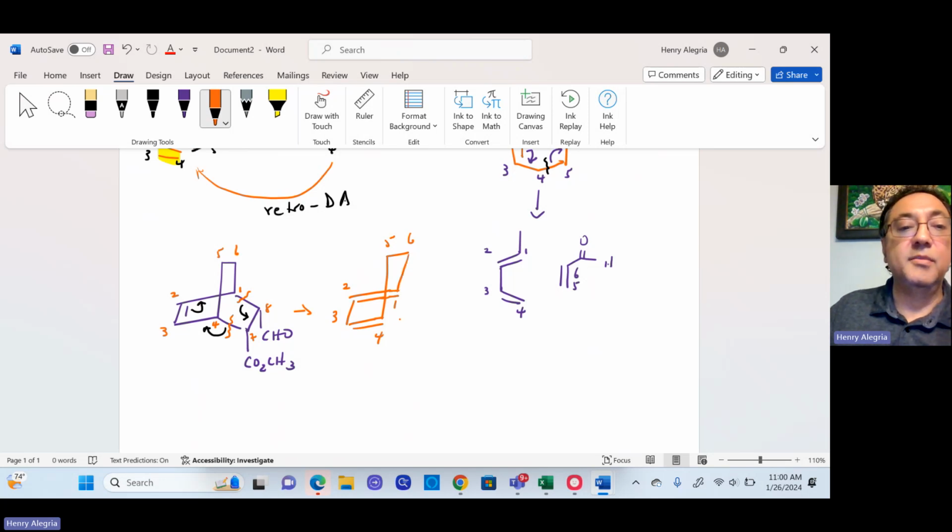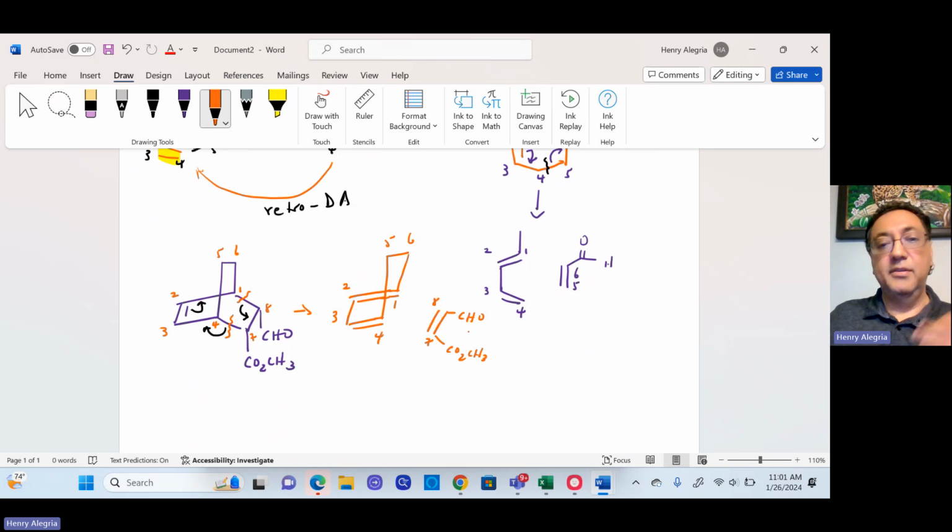There's no longer a 1 to 8 or a 4 to 7, but there's now a double bond between 7 and 8, and 8 has the aldehyde, 7 has the ester, and since they were both oriented the same way, both endo, I know that that had to have been a cis. So there be the diene and the dienophile that gave rise to that.